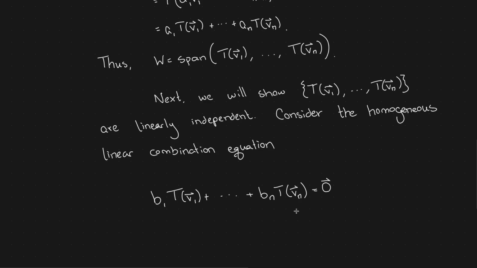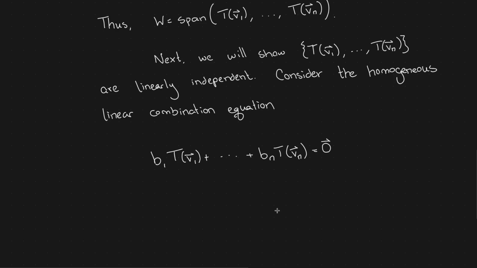Okay, now for this we are going to use the fact that the linear transformation is an isomorphism and therefore 1-to-1. Because an isomorphism is just an invertible linear transformation, it is going to be a 1-to-1 transformation. So I'm going to use the fact that this is a linear transformation next.